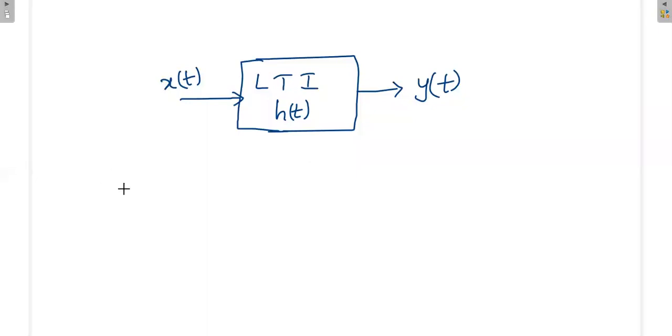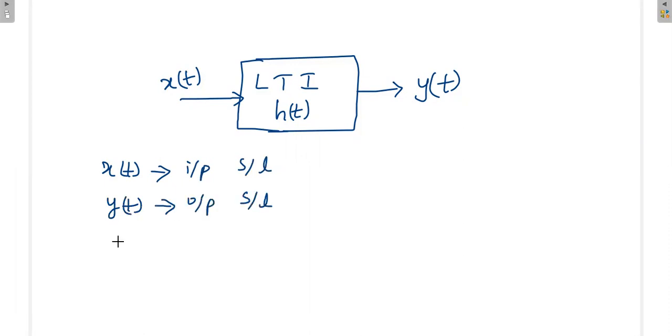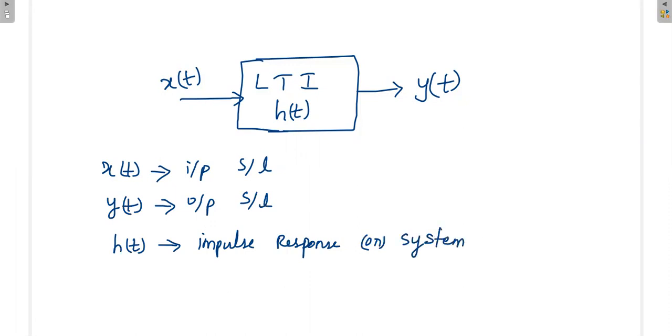Impulse response or system response. Again, we'll see shortly why the impulse response is the same as the system response.